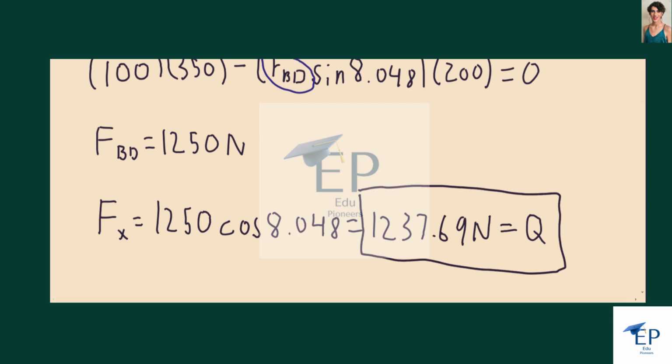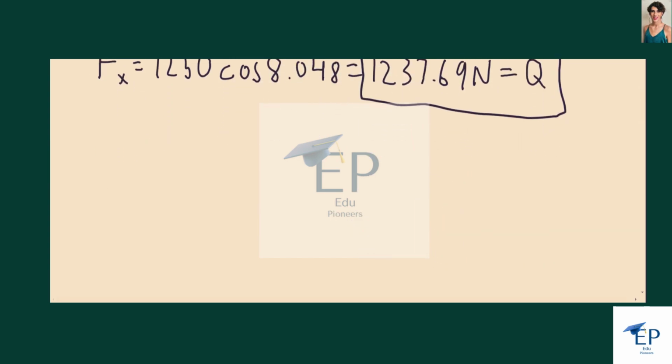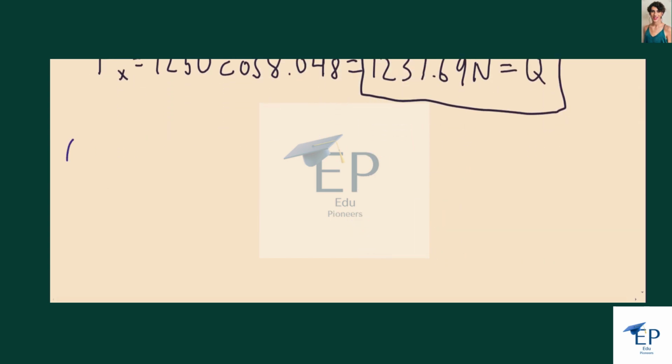And next we'll do part B. For part B, they ask us to use an angle beta, which is equal to 6 degrees.